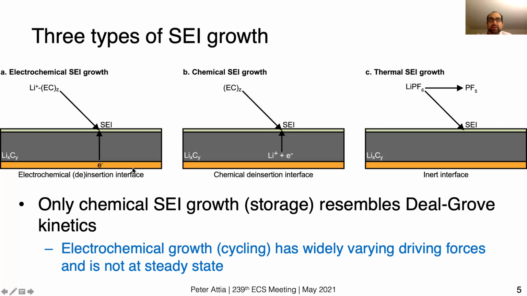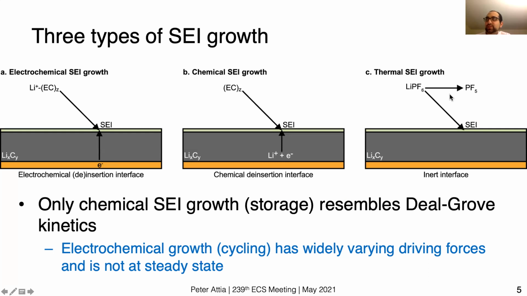And at some points at high potentials, the reaction may not even be favorable. This is a pretty significant difference from field growth kinetics. And it's really hard to picture a scenario in which electrochemical SEI growth would actually follow that mechanics and that growth law.